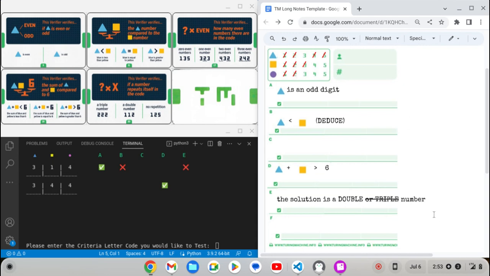Let me see, what if I do type out the possibilities? So it could be 3, 4, 3 and 3, 5, 3. Let me go ahead and say that the doubles are 3s.